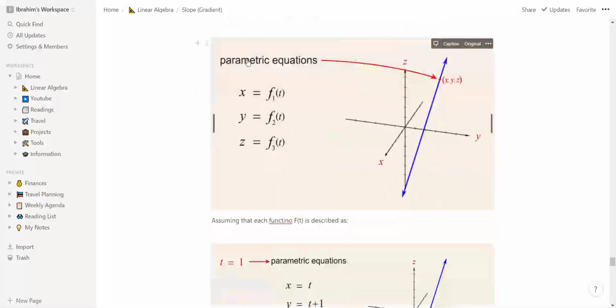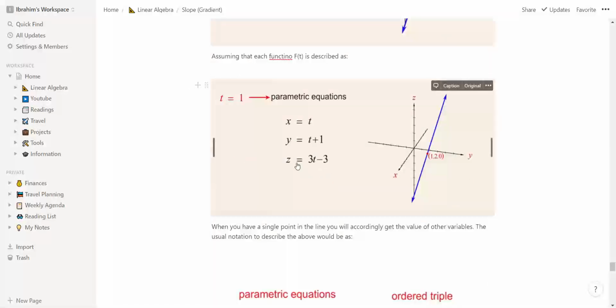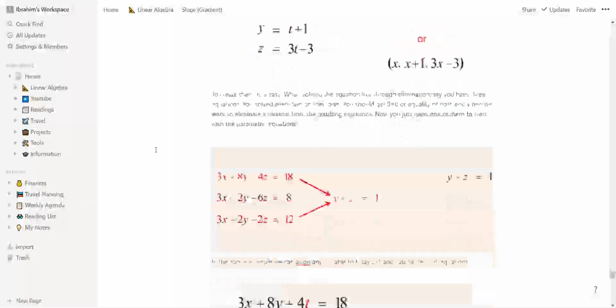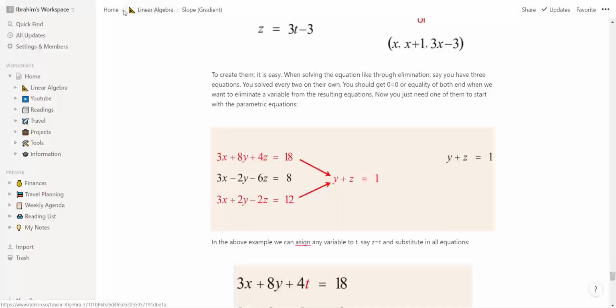So we assume the function of t, and then we start off eliminating two equations at a time, and you will always get the same equation regardless of the two equations you use. It's always the same result, whether you start eliminating with the first two, or the first and the third one.